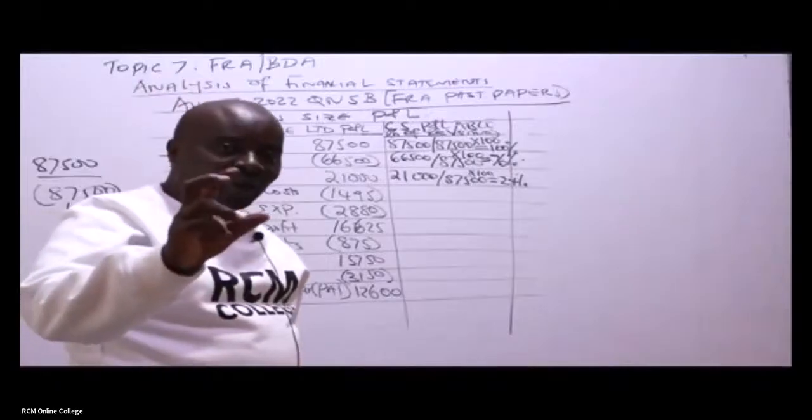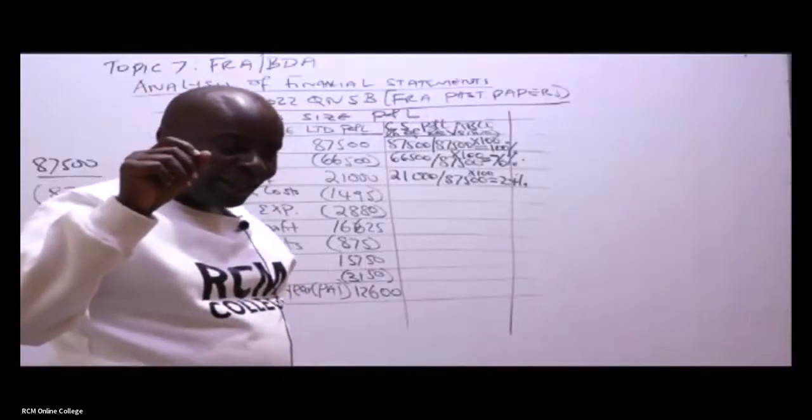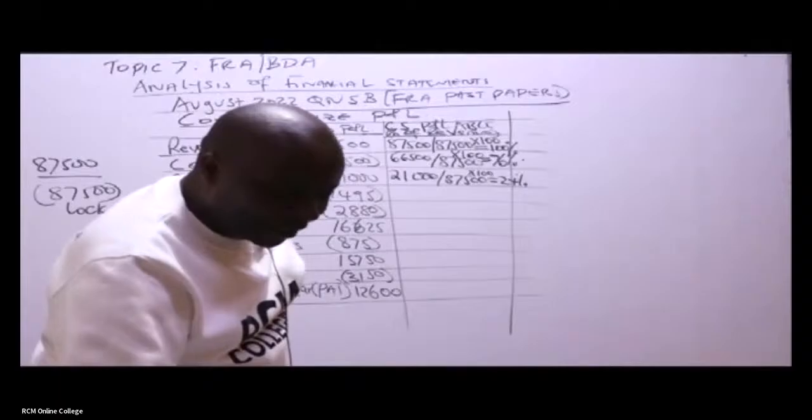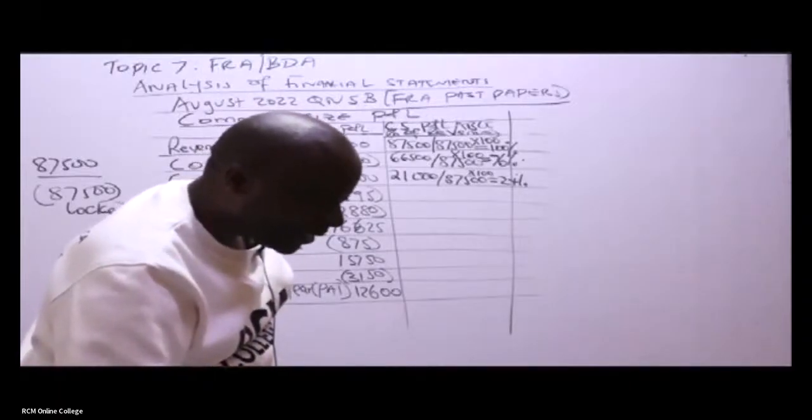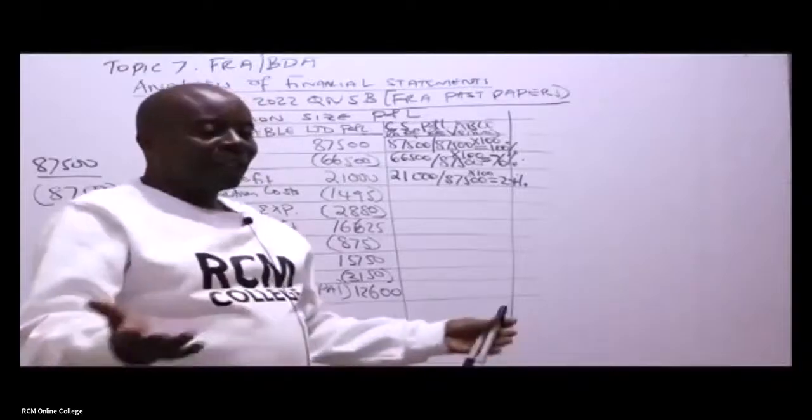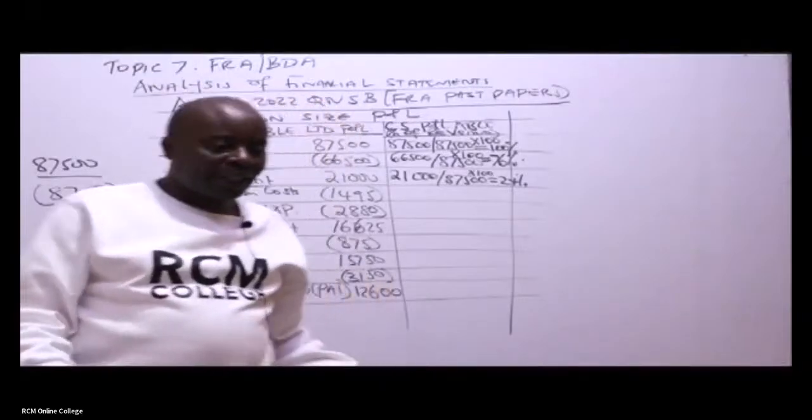You dollarize using the F4. Those BDA ninjas who have been able to do that, can you kindly share the screen with us?